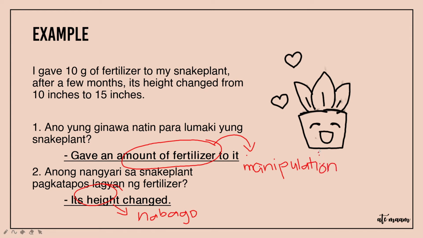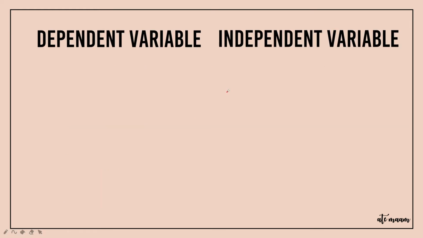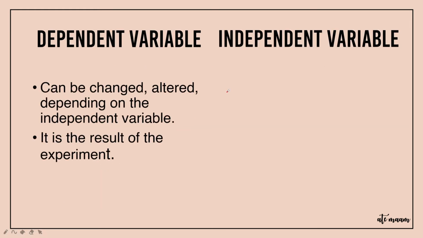Okay. So we can say that the dependent variable is the height of the snake plant and our independent variable is the amount of fertilizer given to it. So again, dependent variable can be changed, altered, depending on the independent variable.